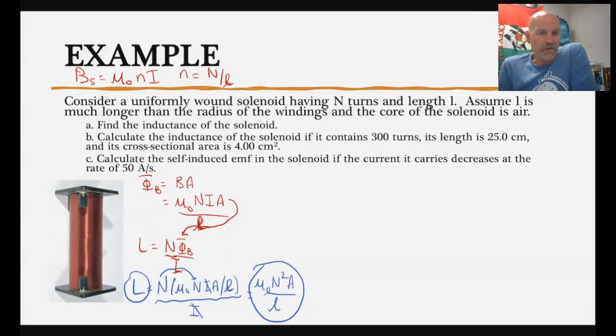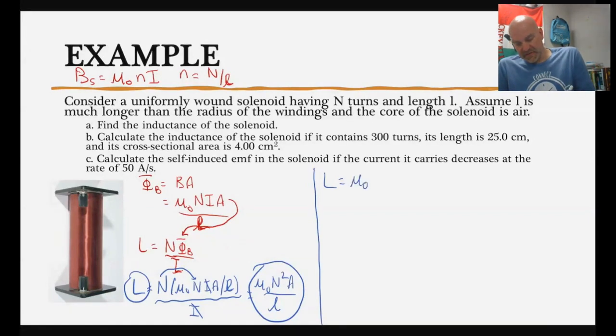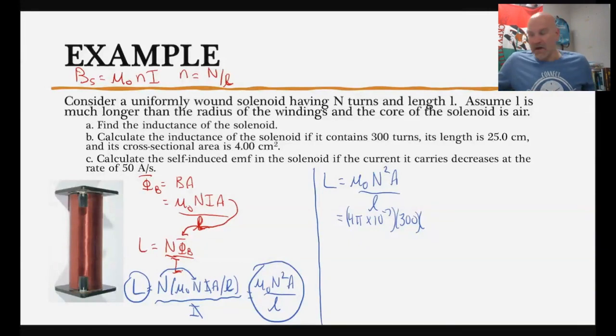Now part B is actually doing the calculation. We derived the expression, and now we need to calculate the actual inductance of a solenoid using the formula we just determined. So mu naught is 4 pi times 10 to the negative 7th, and it tells us it's 300 turns, which is going to be squared. It has a cross-sectional area of 4 square centimeters, and we need to turn that into square meters, so we divide by 100 squared.